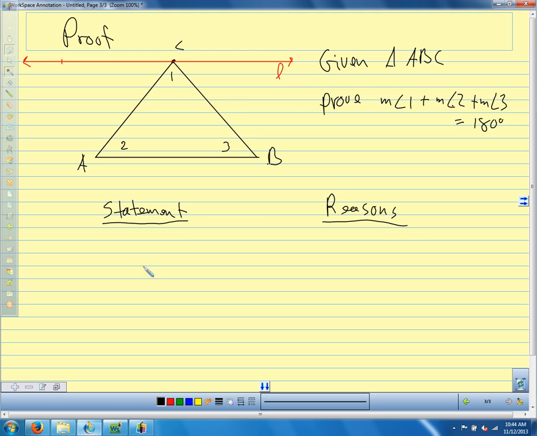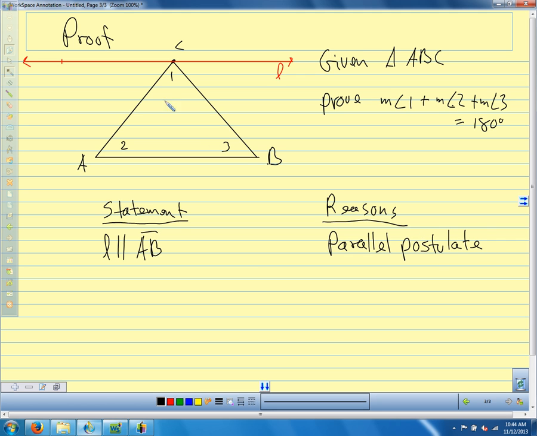So my first statement is that line L is parallel to segment AB. What would be my reason here? How do we know that we can make that parallel line? The parallel postulate tells us we can do that. So my reason would be parallel postulate. It tells us we can make that parallel line.